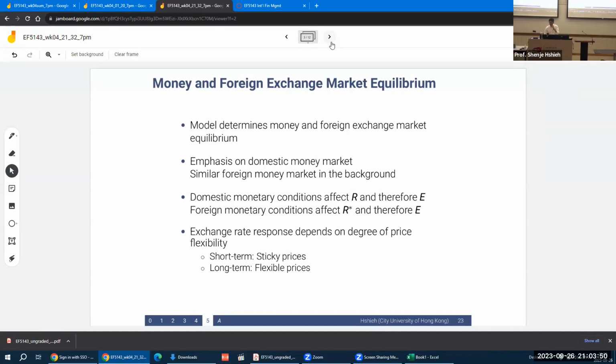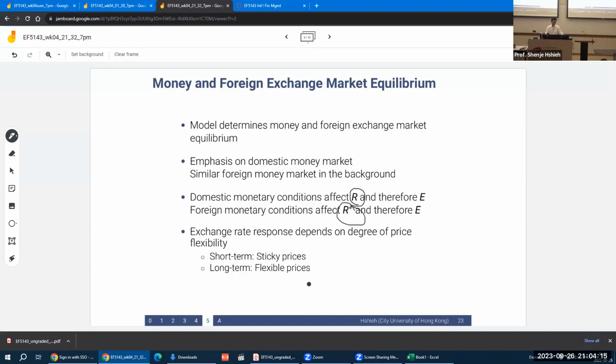All right, so let me give you the setup. In our framework, we can actually analyze things beyond our domestic central bank. As you notice from UIP, we have both R and R star, right?